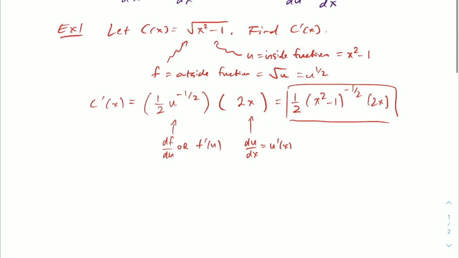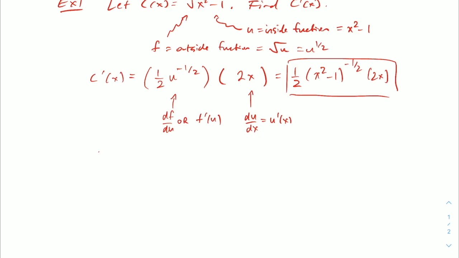Okay, so when I do these problems, I typically don't name the inside function u. So let's rewrite our function here. I just identify inside and outside. So I consider this x squared minus 1 as the inside, and I consider this 1/2 power as my outside function.